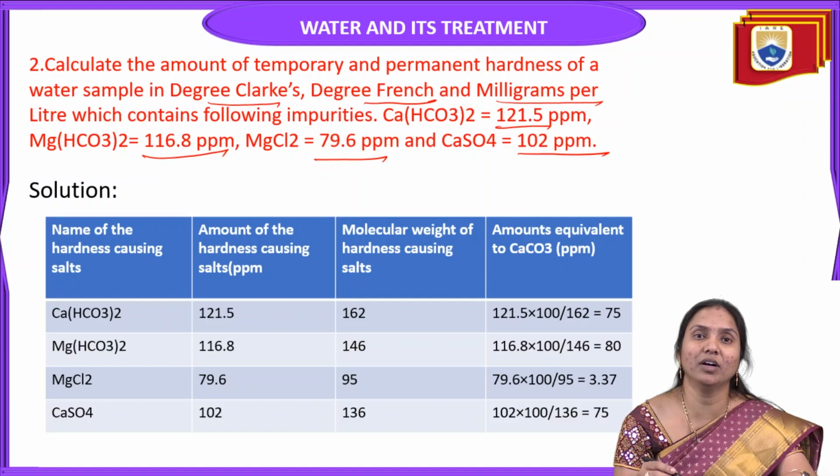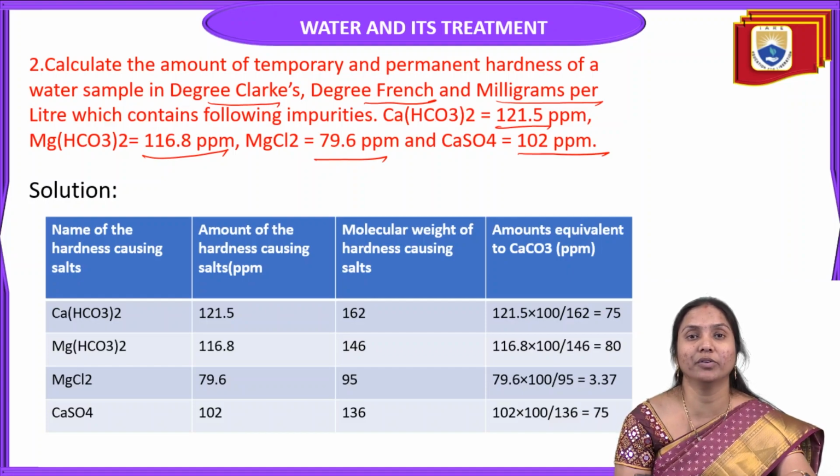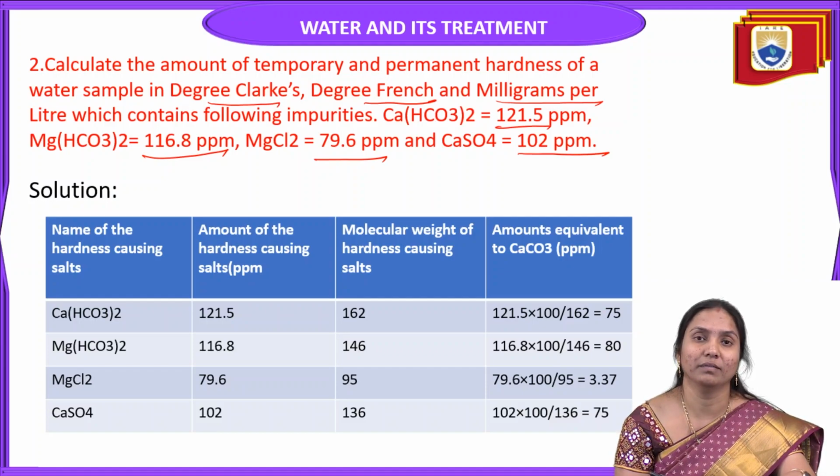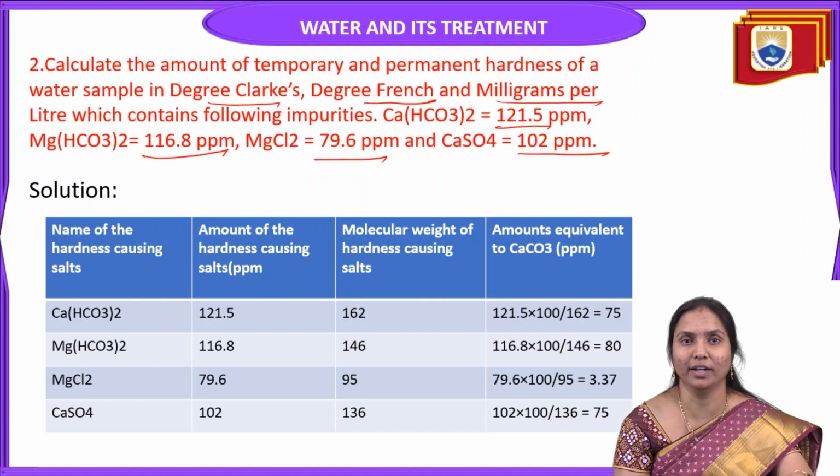First we convert all the hardness causing salts into CaCO3 equivalent terms. We already know the formula. How can we convert all the hardness causing salts into calcium carbonate equivalent? It is equal to weight of hardness causing salt by molecular weight of hardness causing salt into 100.